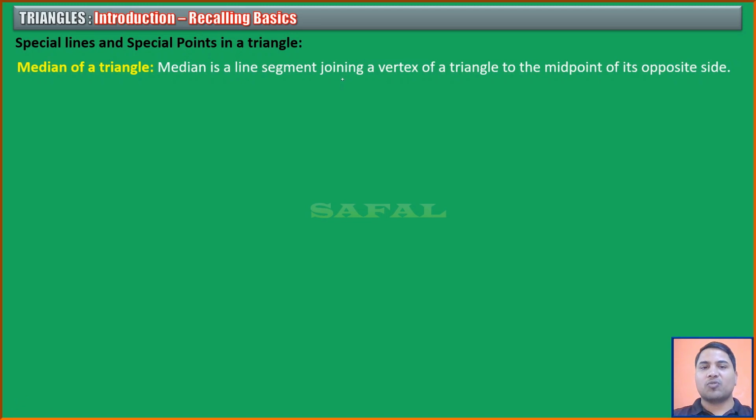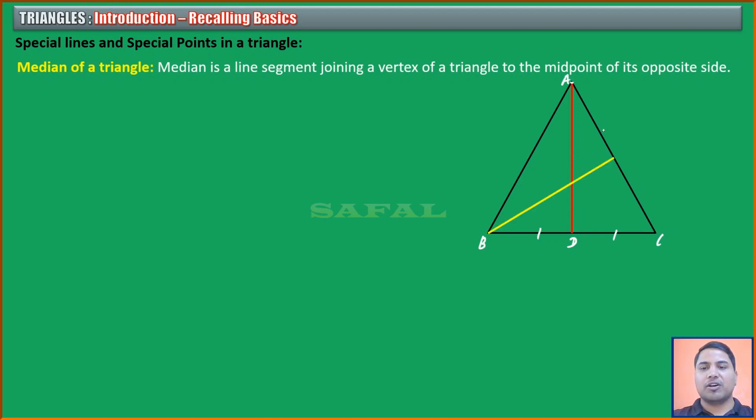In this case we are just connecting the vertex to the midpoint of the opposite side. Again naming the triangle A, B and C, from vertex A I connect to the midpoint of the opposite side BC. If I call it D, then BD is the same as DC. So AD is the median from vertex A.